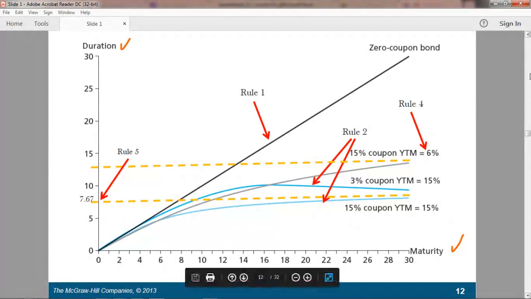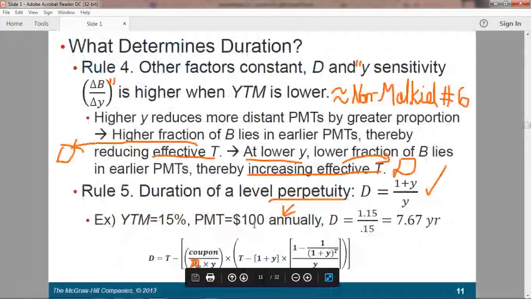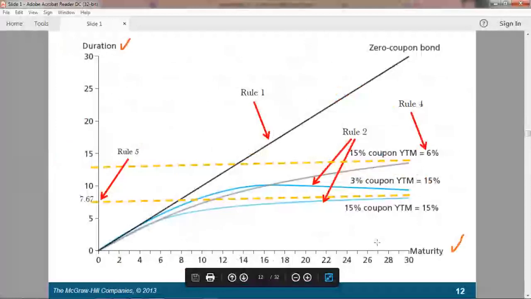Remember, this perpetuity is paying 10%. How do I know? $100 is 10% of 1,000, the face value. So even for a perpetuity with the same yield, with a 10% coupon rate, its duration is 7.67. Then if a bond has a better coupon rate, 15%, its duration should be below 7.67 years. Makes sense?